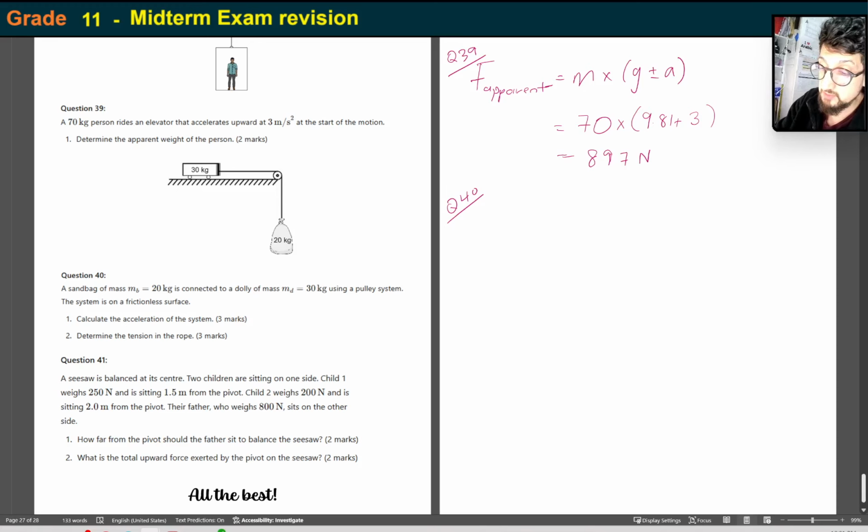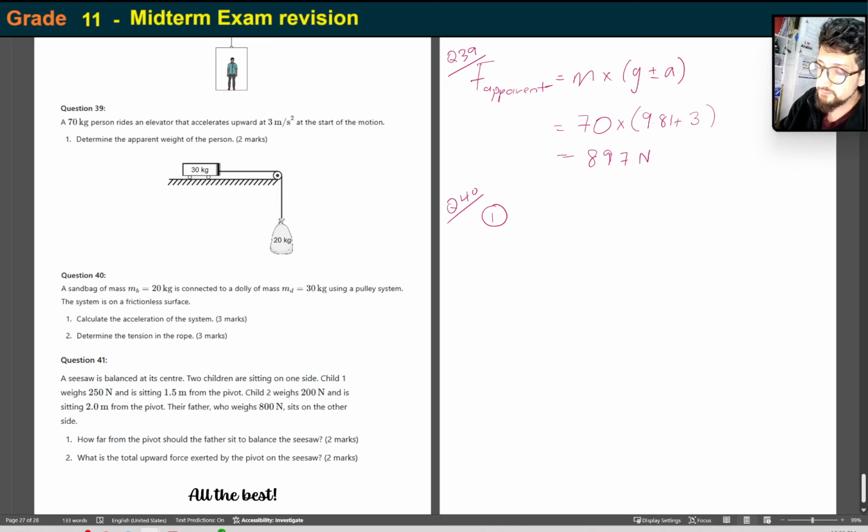So hopefully you remember by now, in order to calculate the acceleration of the system, I need to find the applied force first. That's the only source of applied force, the weight of the bag. There's nothing else causing the system to accelerate except the weight of the bag.